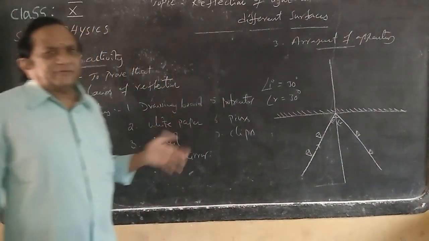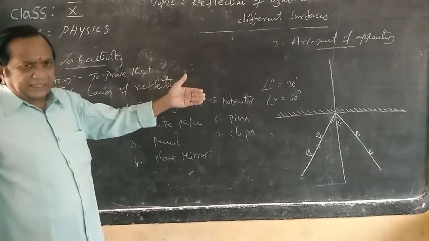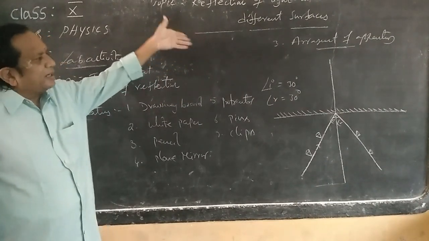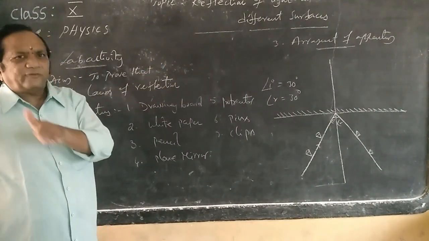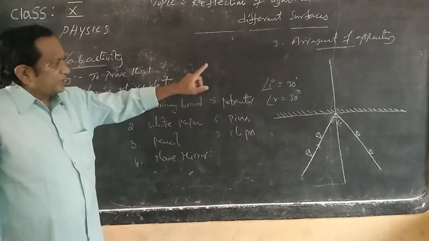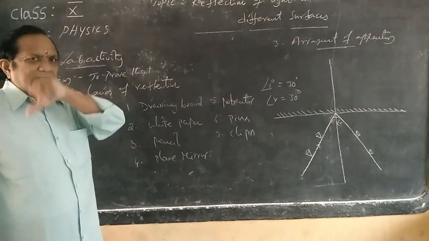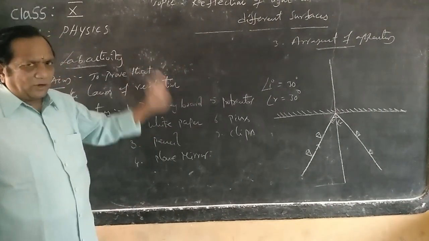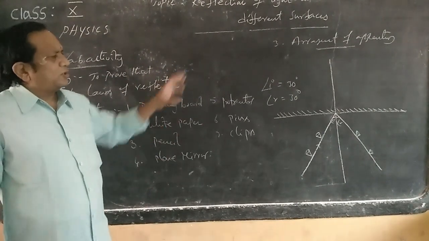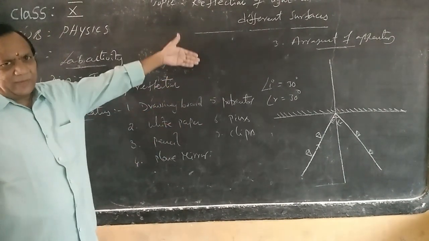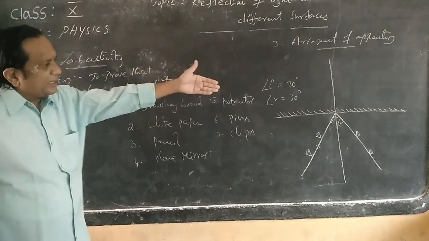By changing these values, that is 30, then I will draw next 35, 40, 45, 50 like that, or 30, 40, 50, whatever, successive values to be taken. Understand? 30, 40, 50, 60, 70 like that also, or otherwise 30, 35, 40, 45, 50. So take 5 or 6 readings and conduct this experiment, and every time you get angle of incidence equal to angle of reflection.